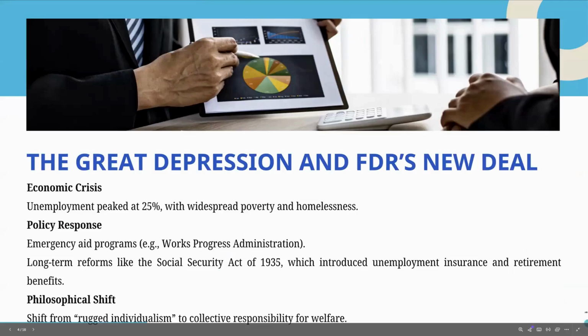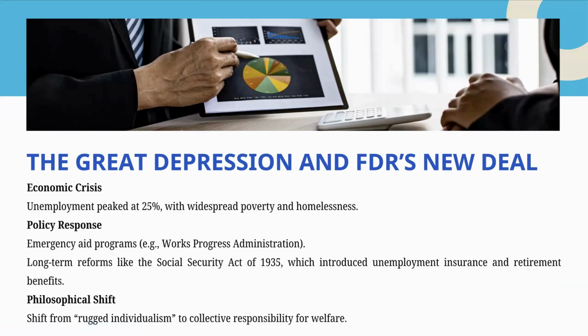Then let's go into the Great Depression. When we're looking at the Great Depression and FDR's New Deal, the Great Depression marked a turning point, with unemployment at 25%. Millions faced poverty and homelessness.